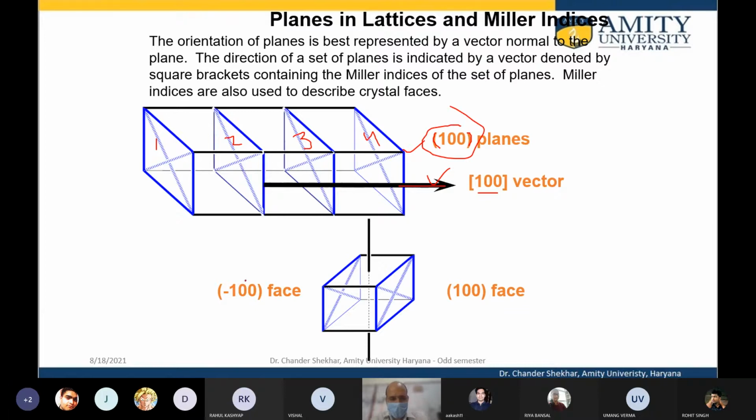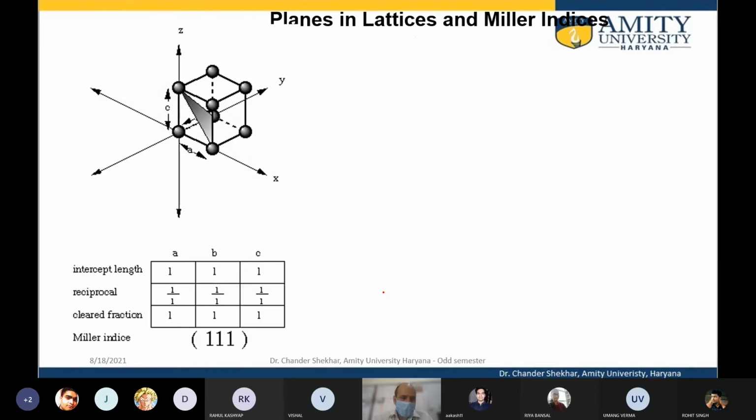Similarly we have equivalent planes. All the faces of the cube, as we discussed yesterday, are all equivalent. Now suppose this is a cube, and this dark shaded area is the plane we are looking for, and it makes equal intercepts along x, y and z.